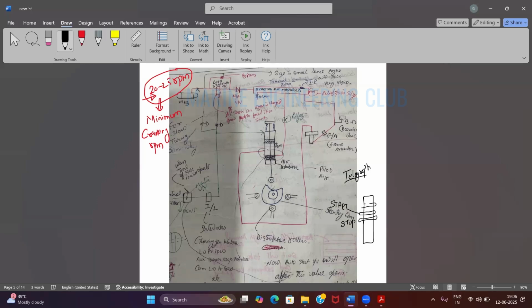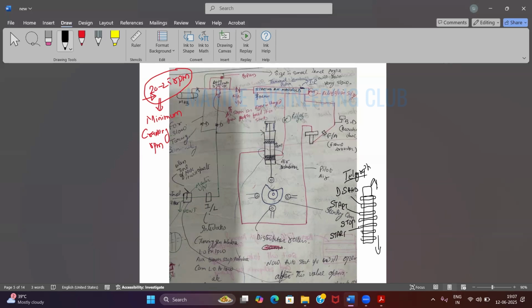After start comes slow ahead, and after slow ahead, what will come? Half ahead, full ahead, and navigation full and all those things, on top. Similarly on bottom, what will be coming? Start, and then slow astern and all those things. Okay, dead slow astern and start.